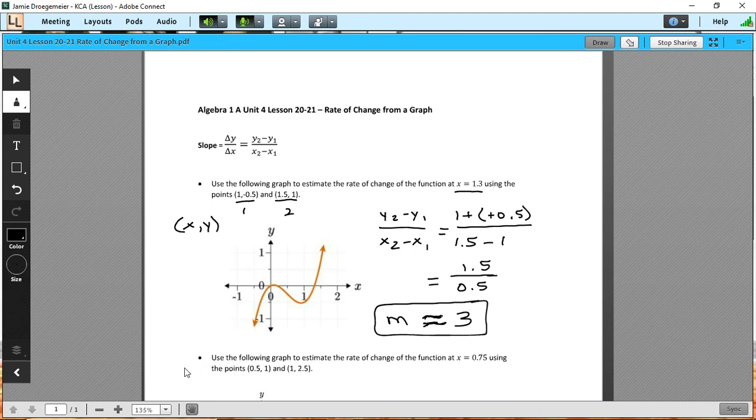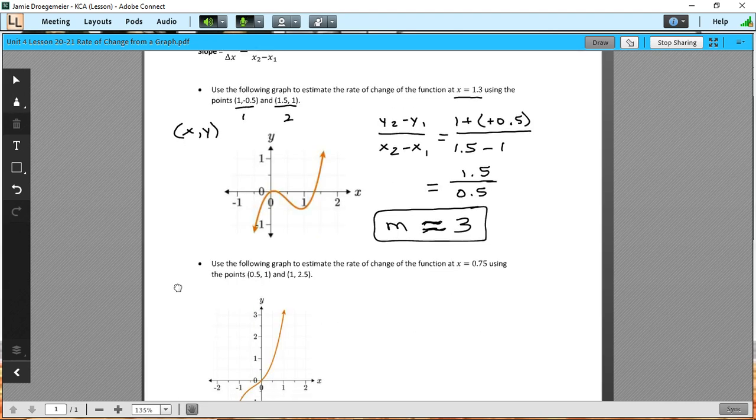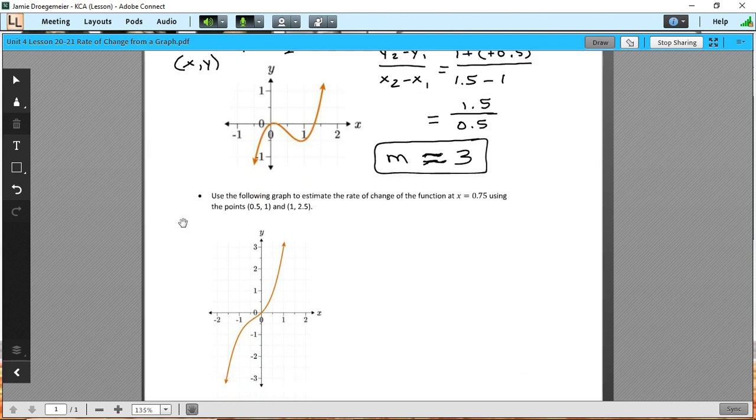All right, let's take a look at another example then. This one says we want to use the graph to estimate the rate of change when x equals 0.75. So that's going to be right around in here. And we're going to use these 2 points, 0.5, 1 and 1, 2.5. And this time we'll call this one 2 and this one 1.